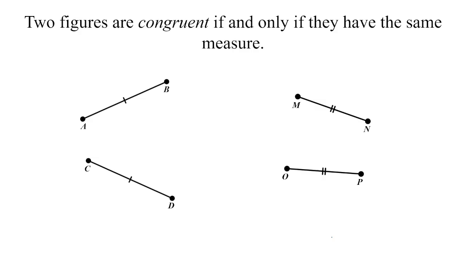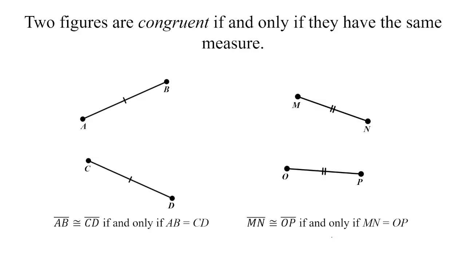The hash marks indicate that the two line segments are congruent. And if you look at segment MN and segment OP, each of them has two hash marks, meaning that they are congruent. If you see a pair of line segments that have the same number of hash marks, they indicate that they are congruent.